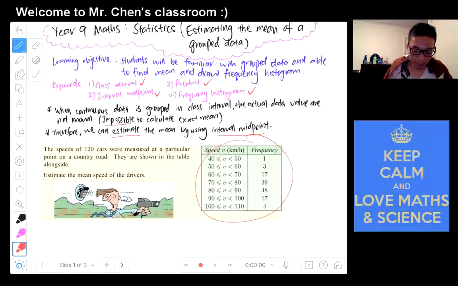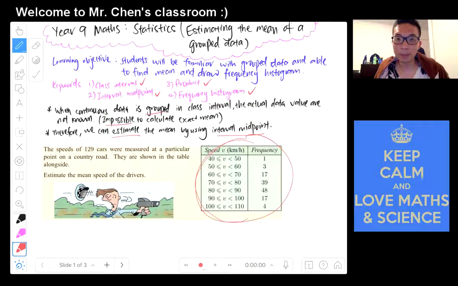So let's begin. When continuous data is grouped in class intervals like this, this is continuous data. It's something that you count, sorry, something that you record or measure. So there are two types, remember: discrete numerical data and also continuous numerical data.